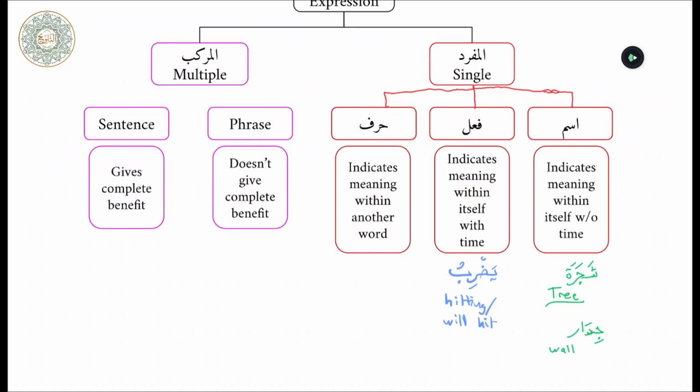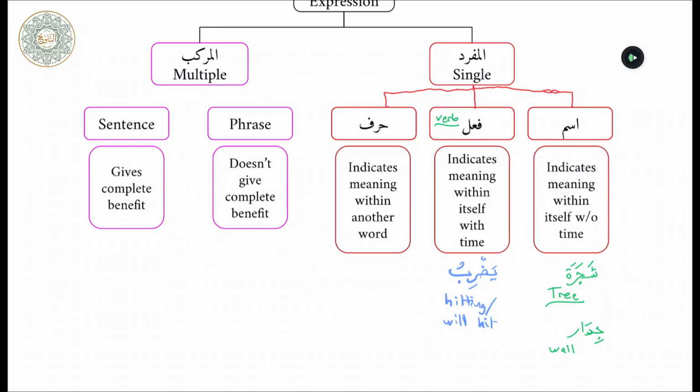A harf is that word which indicates a meaning within another word. When it came to ism and fi'l, they both indicated a meaning within themselves. However, the ism is not attached to a tense. The fi'l, if you want an easy way to understand it, is an action, a verb, or an action word.